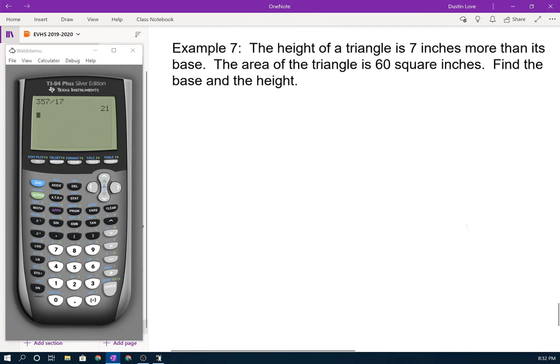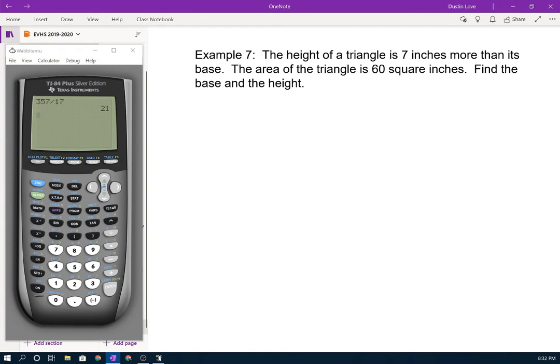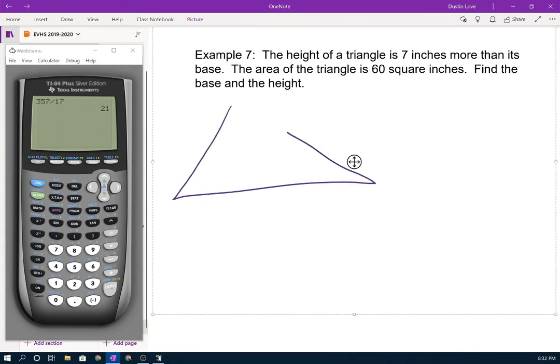Okay. Last problem. The height of a triangle is 7 more than its base. Now I'm going to draw this. Technically, you don't have to draw this for it to work out, but I like to draw things. The height of the triangle is 7 more than its base.